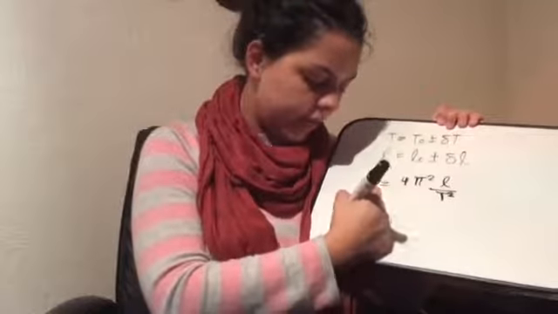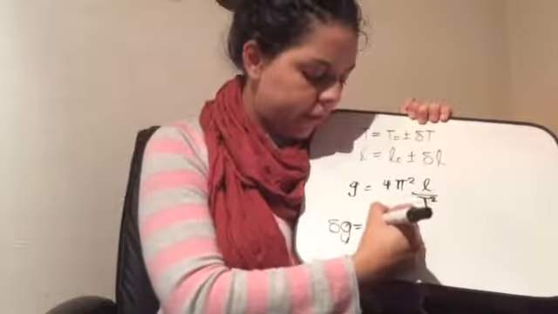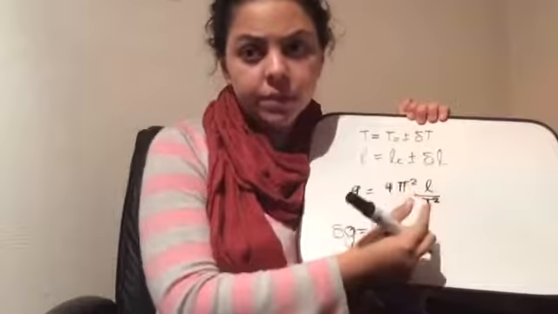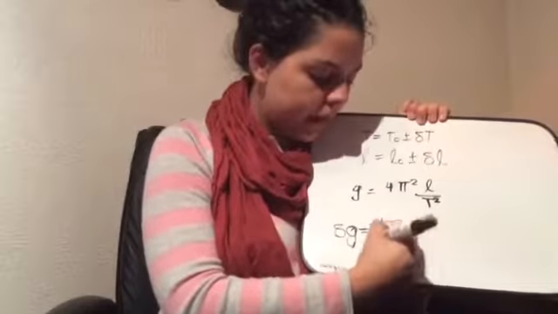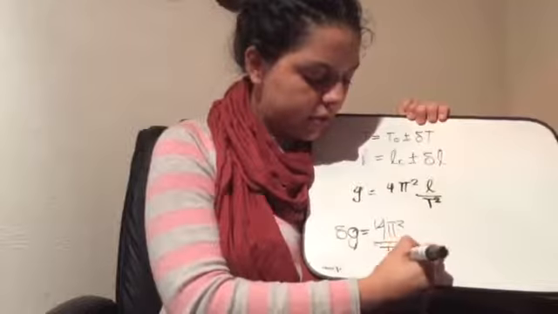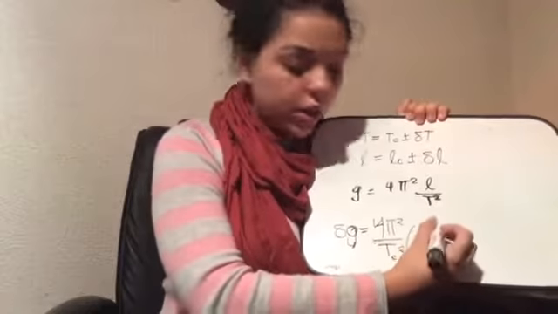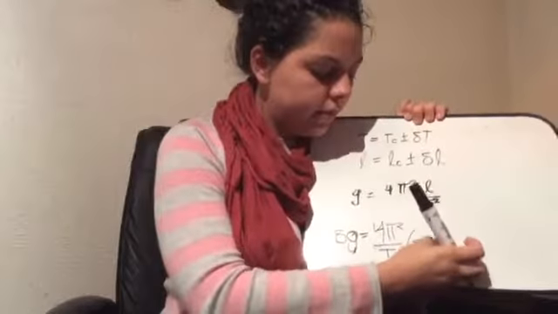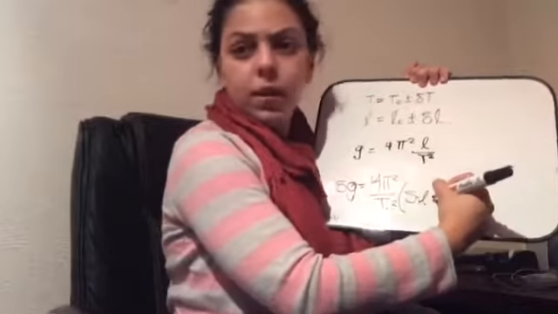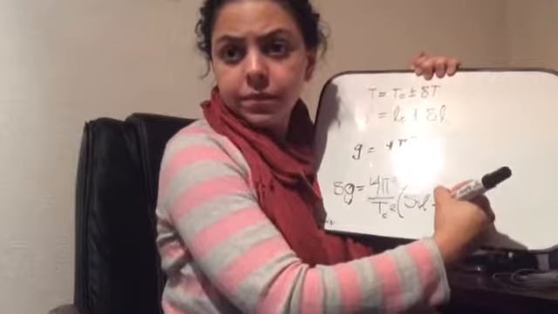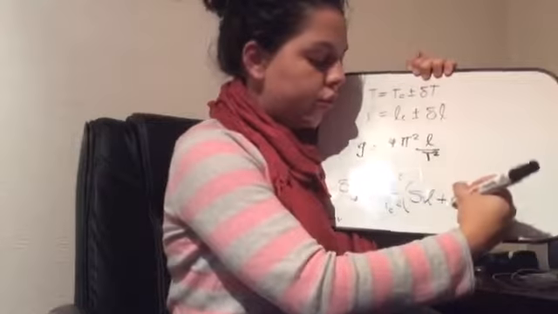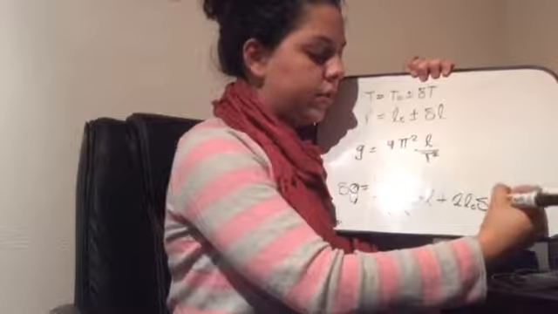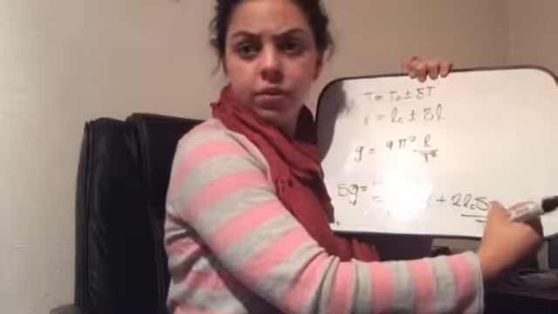The value of the absolute uncertainty should equal, first of all, this constant we have right here, which should never change. This should be divided by the central value of t to the square, and all of this multiplied by the uncertainty of L, plus 2 times the central value of L times the uncertainty of t divided by the central value of t.